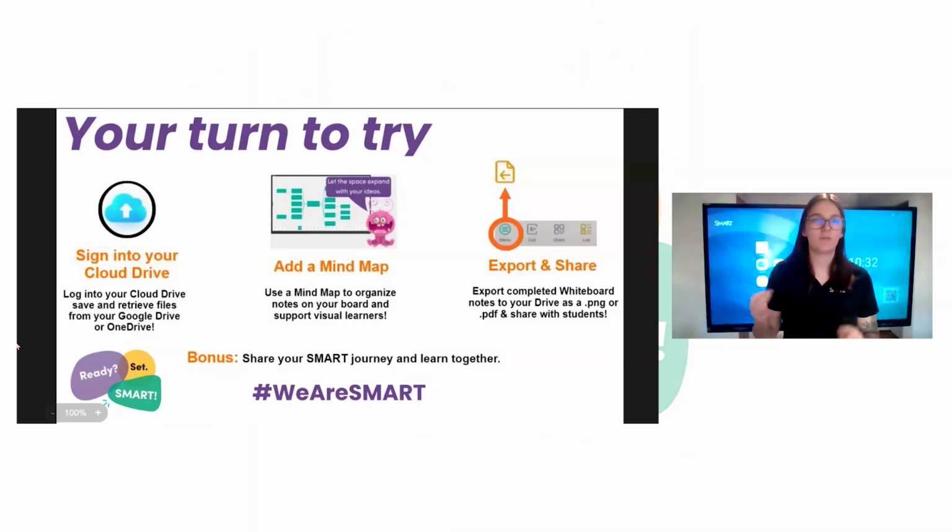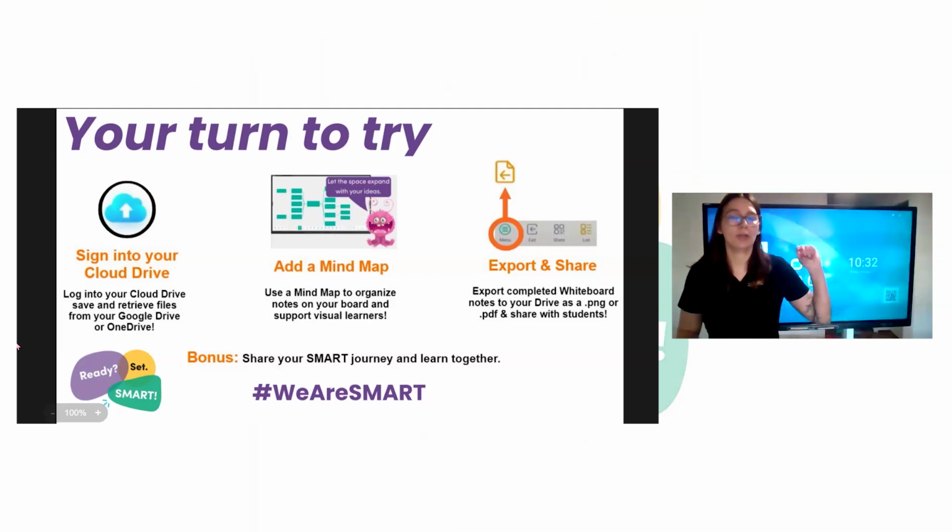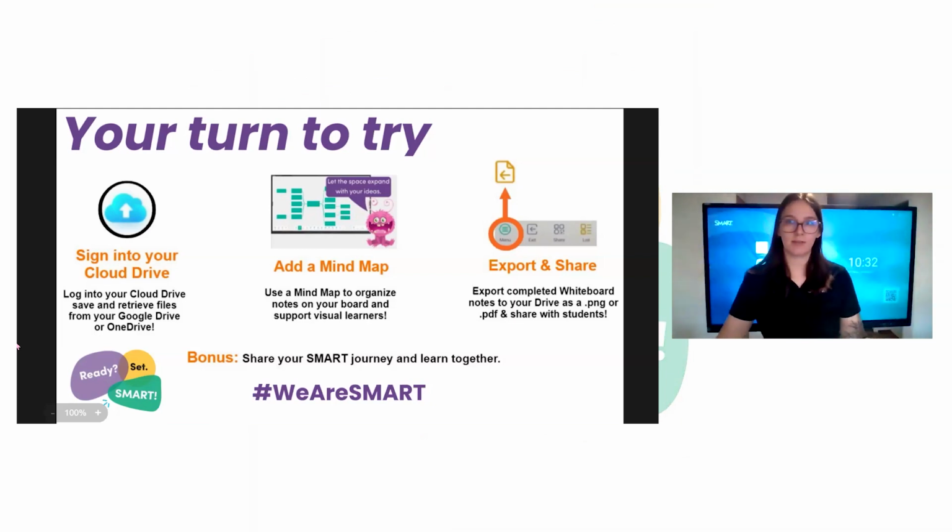Try to sign into your cloud drive. Check out how you can easily import files. Maybe add a mind map. Try out the pen. Utilize the writing over the mind map, and then see about exporting that completed whiteboard. Throw it into your drive there, and check out how you can access that directly from your Google Drive or your OneDrive.